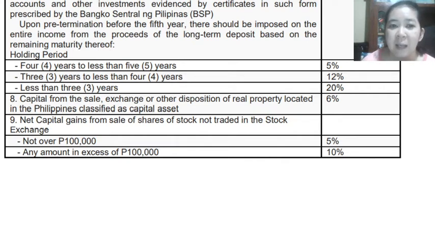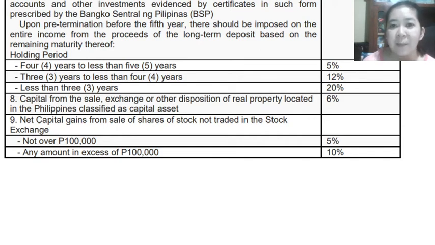Okay, in the next example, if the taxpayer withdraws his deposit after 3 years but less than 4 years, for example 3.5 years, all his proceeds from his long-term deposit will be taxed 12%.